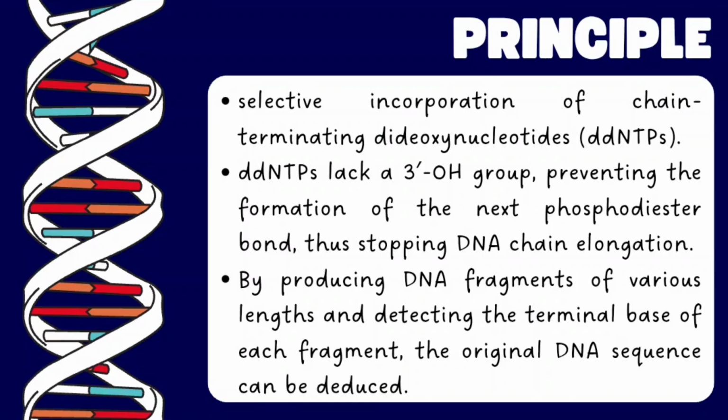By producing DNA fragments of various lengths and detecting the terminal base of each fragment, the original DNA sequence can be deduced. And this is how the Sanger sequencing works.